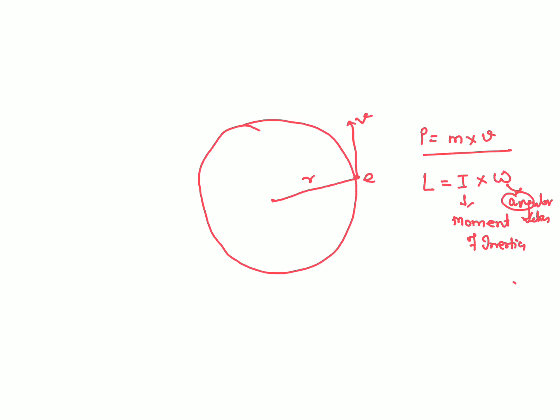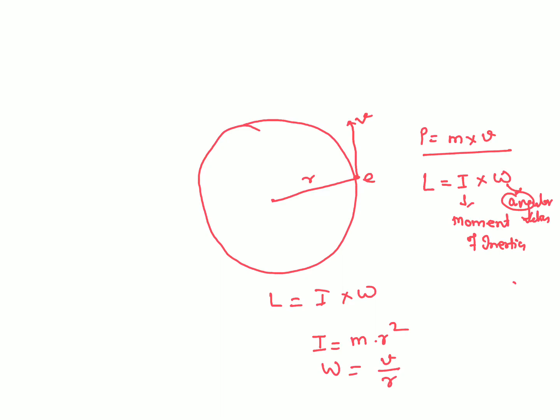So angular momentum L is equal to I into omega. Now I is called moment of inertia, and I is equal to mass into r square, mass of the object, and r is radius. Radius means distance from the center, and omega, angular velocity, is equal to linear velocity by r.